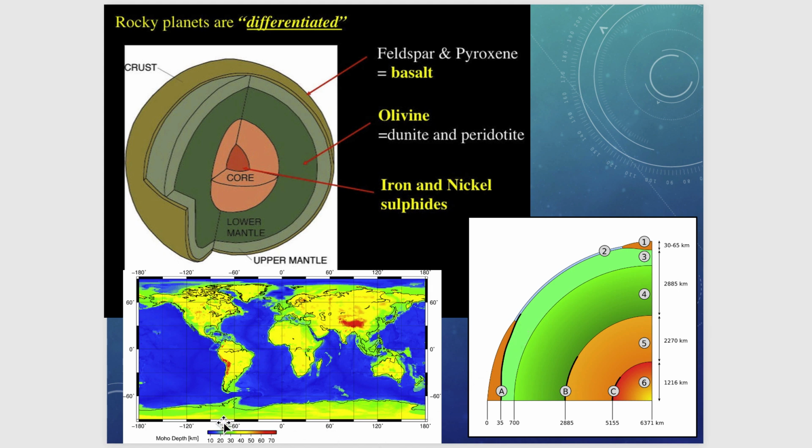It's interesting to see that we have thicker portions that exceed 70 kilometers in the most important active orogenies today, which are the Andes here in South America and the Tibetan Plateau in China.